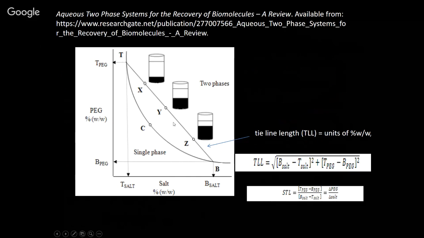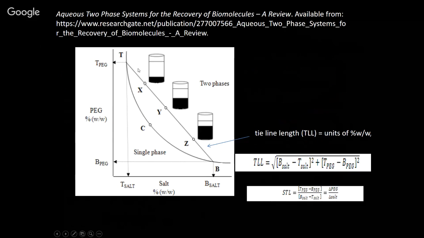Where the tie line intersects with this particular curve, this place gives the concentration of PEG in the top phase, and correspondingly here the concentration of salt in the top phase. And this place here is the concentration of PEG in the bottom phase and the concentration of salt in the bottom phase.